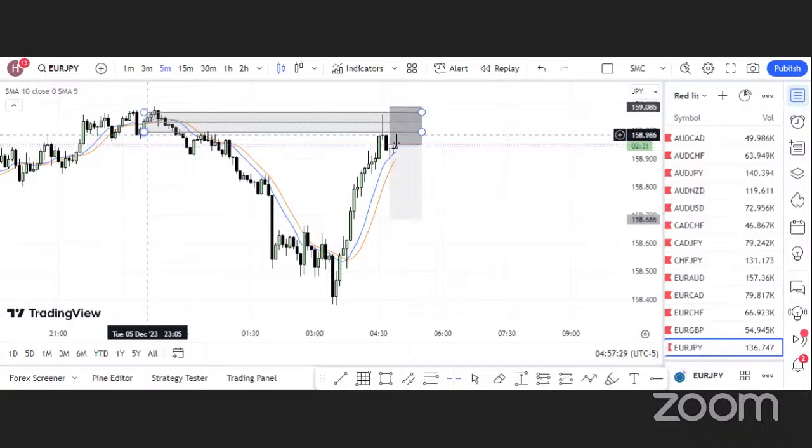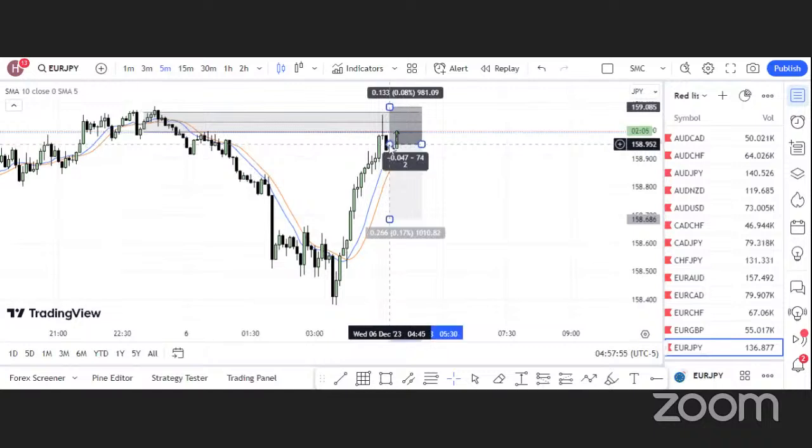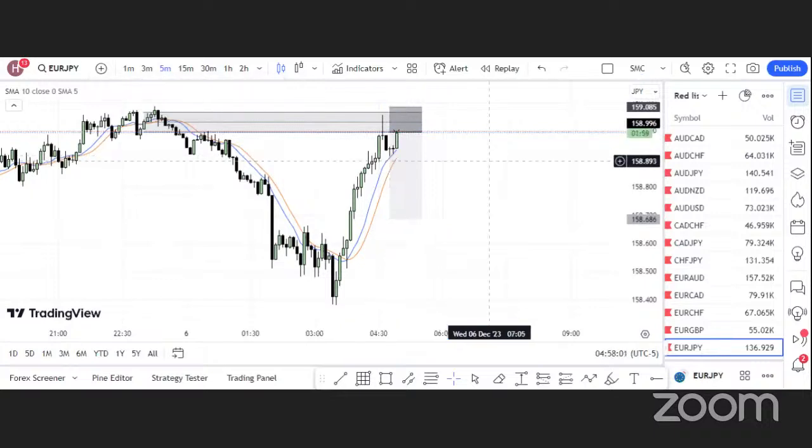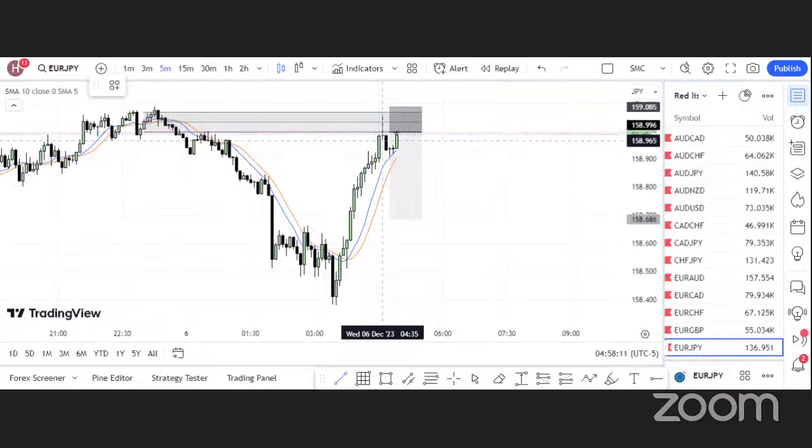Okay, beautiful move. So we also have a zone from here to the top.